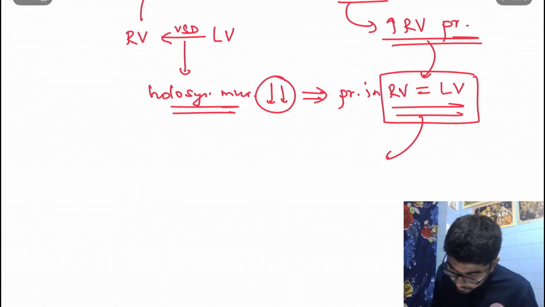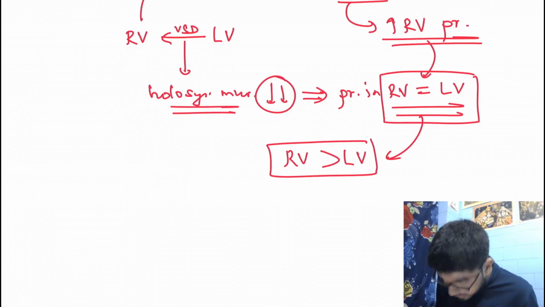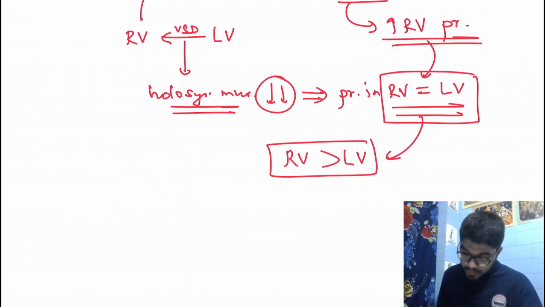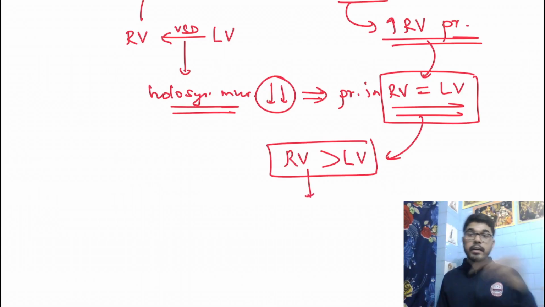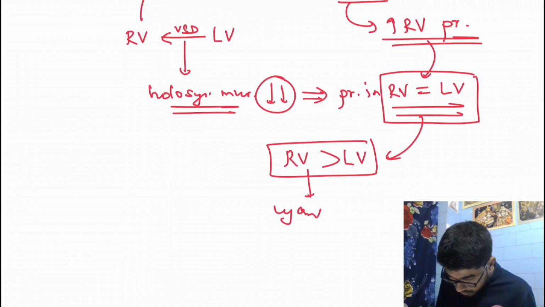Now again, with progress, the pressure in the right ventricle surpasses the left ventricle. Okay, there is further deterioration of the disease. Now what happens? Now the blood from the right ventricle passes to the left ventricle. That is deoxygenated blood to the left ventricle. This would result in development of cyanosis.